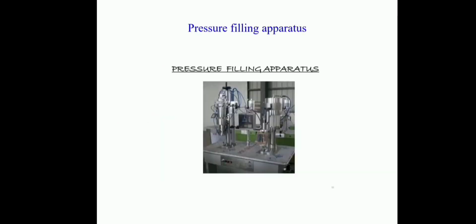The second apparatus is the pressure filling apparatus. The pressure filling apparatus consists of a metering burette capable of measuring the amount of propellant to be filled into the aerosol container. The propellant is added through the inlet valve present at the bottom of the valve under its own vapor pressure.